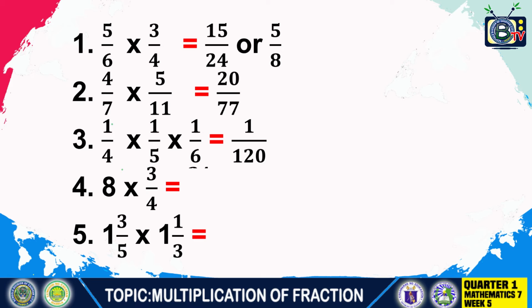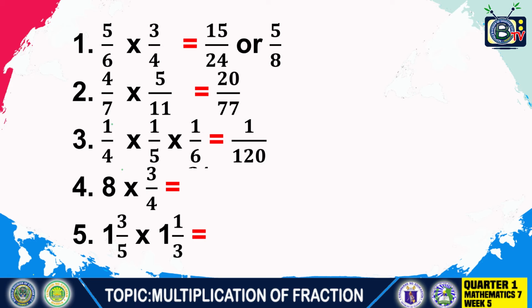Okay. What about the denominators? 4 times 5 times 6 is equal to 120. So, the product is 1 over 120. Okay, let's have number 4.